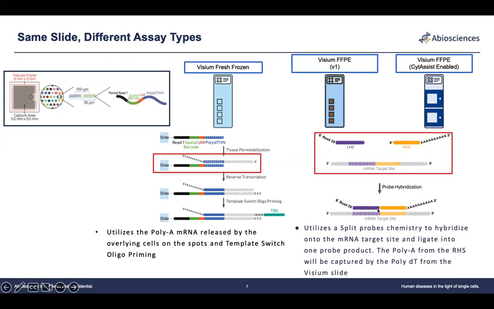This enables FFPE tissue to be detected in a whole transcriptome manner, and because of the probe hybridization, you don't have to worry about FFPE being a more degraded sample type. So the data has been pretty powerful to enable archived FFPE tissue to be studied with this Visium technology.